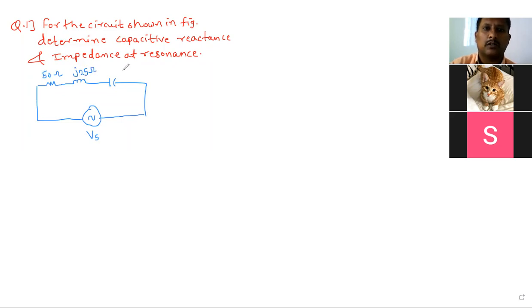The unit of impedance is ohm. This capacitor is minus jXC ohm. So what is the question here? For the circuit shown in figure. If you observe the circuit, it is a series RLC circuit. So note down the given things. This is a series RLC circuit, which means you have to use the formulas from series RLC circuit or series resonance.